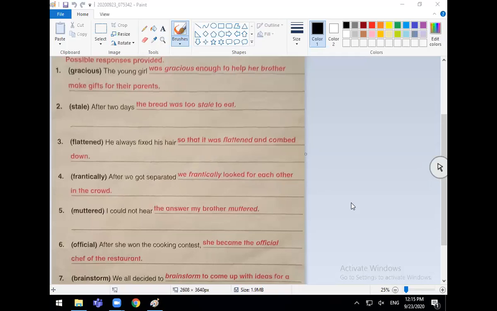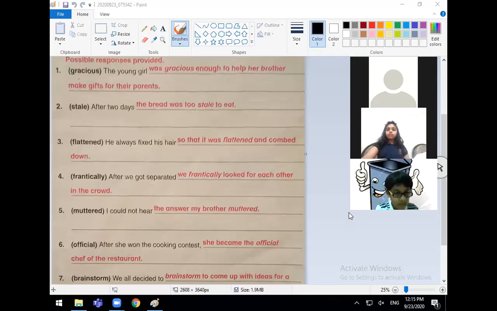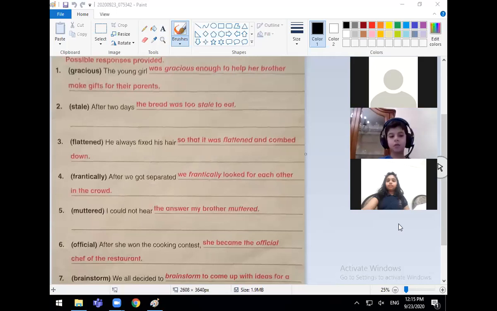I kept moving my mouse, it didn't show me the controls for the camera. I can see you. All right. Can you tell me what the word flatten means? Something became or made flat.